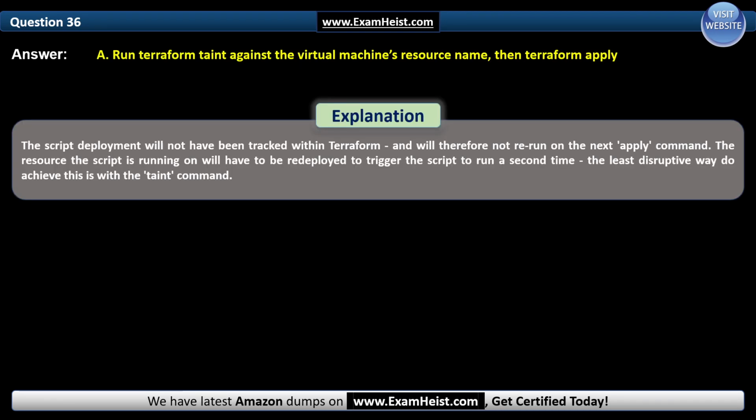The script deployment will not have been tracked within Terraform and will therefore not rerun on the next apply command. The resource the script is running on will have to be redeployed to trigger the script to run a second time. The least disruptive way to achieve this is with the taint command.